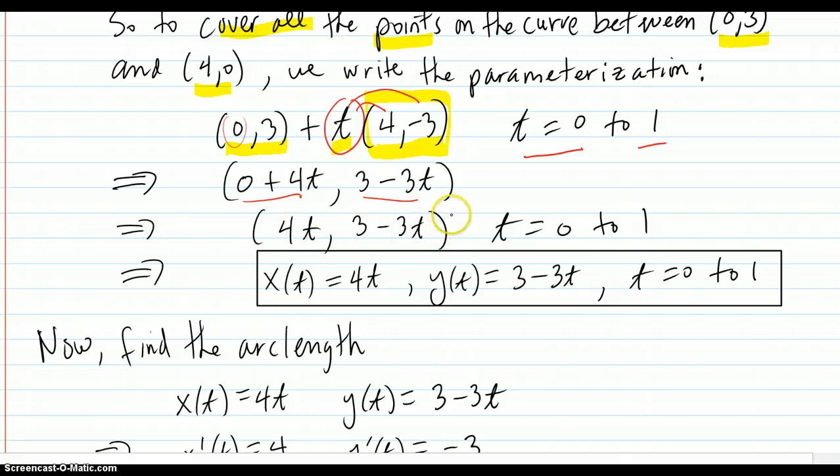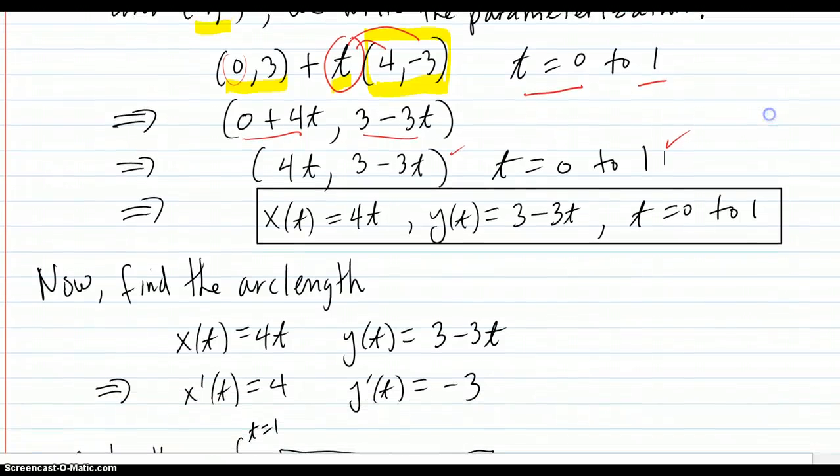And simplify that down, all the while remembering that t goes from 0 to 1. Then we just write that out in a normal way for parameterization. The x of t function is 4t, the y of t function is 3 minus 3t, and the t parameter goes from 0 to 1. So let's check that out. When you're at 0, are you really at the point 0, 3?